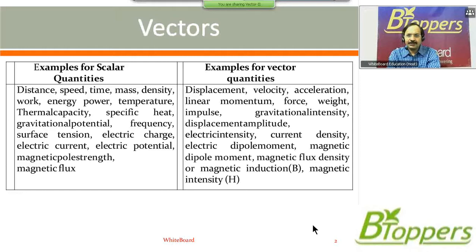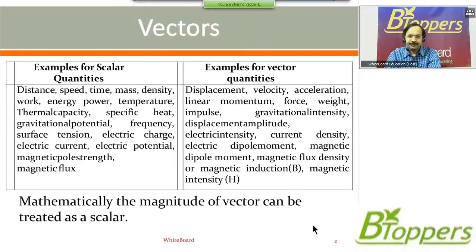Already I have shown you the examples for scalar quantities and vector quantities. From now onwards, I am going to show you the notes for what I have discussed. Those who are interested in writing the notes can copy them. Wherever they need more time to copy, they can pause and copy the notes. These examples I have already shown you on the screen earlier also.